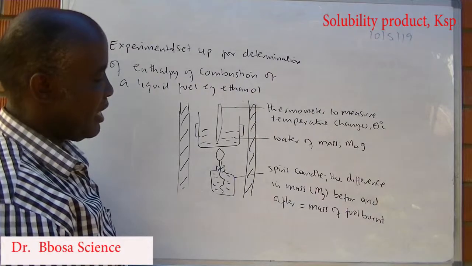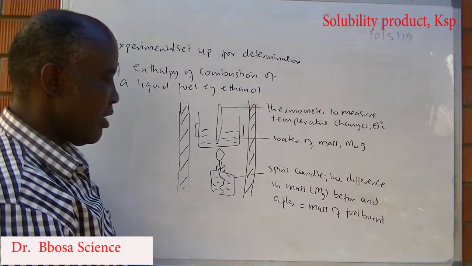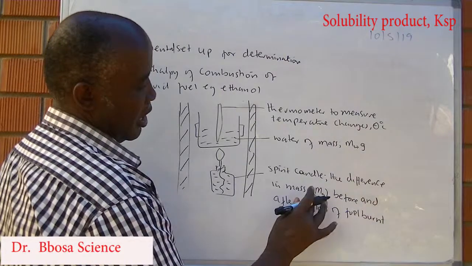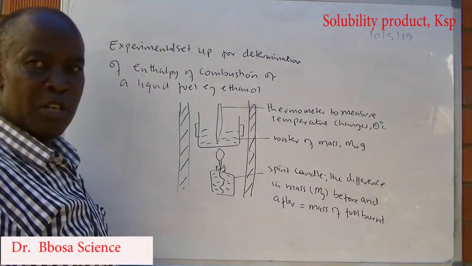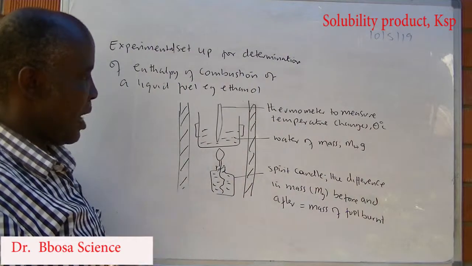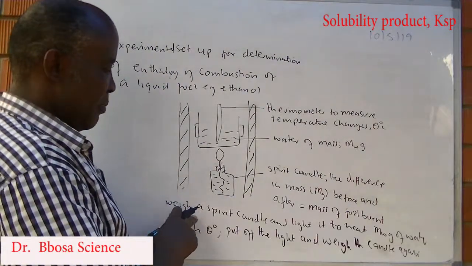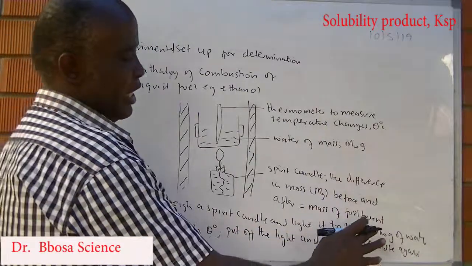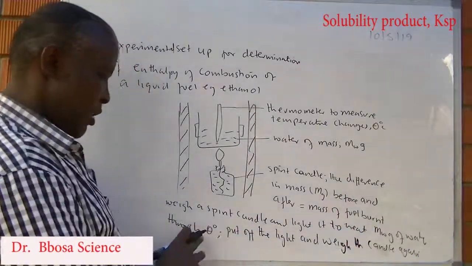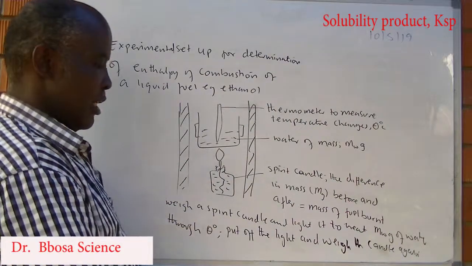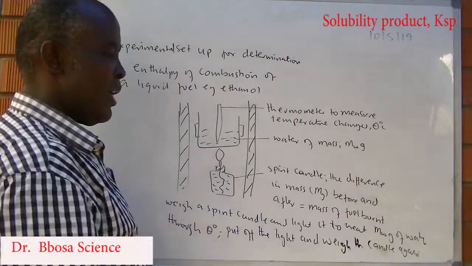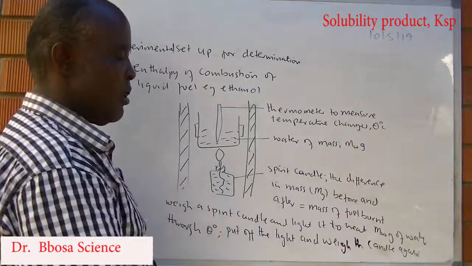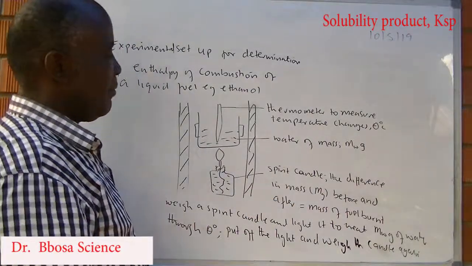The difference in the masses before and after, which is equal to m grams, is equal to the mass of the fuel burnt. What we do: weigh a spirit candle and light it to heat mw grams of water at 50 degrees Celsius. Put off the light and weigh the candle again. The difference in the mass before and after will be the mass of the fuel burnt.